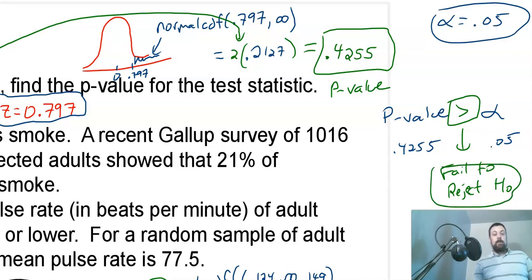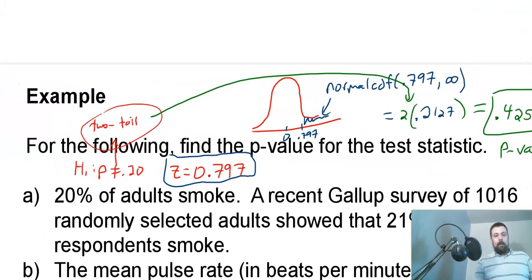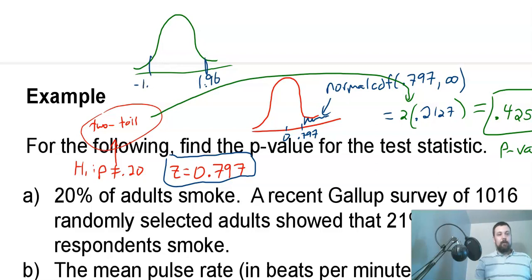If you want to use the critical value method, then we compare the critical value, which we found previously. It was a two-tailed test, so actually there were two critical values, and they were at 1.96 and negative 1.96. And our test statistic is 0.797, right? And so that would be in between these two.